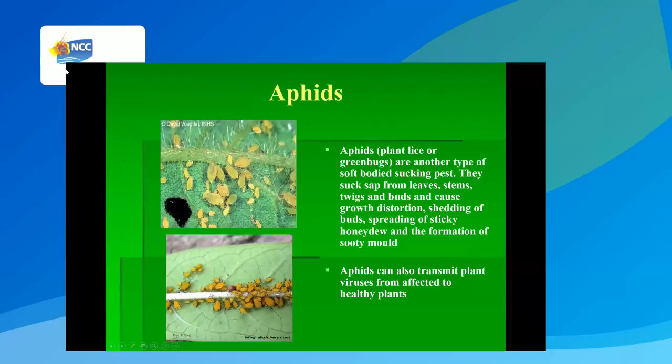Another example of the sucking pests are what we call aphids, or some people refer to them as plant lice or green bugs. And they are soft body sucking pests. They have mouth parts in the shape of a hypodermic needle, which they insert into the plants and suck the sap from them. Right? These 2 pictures here show different species of aphids.